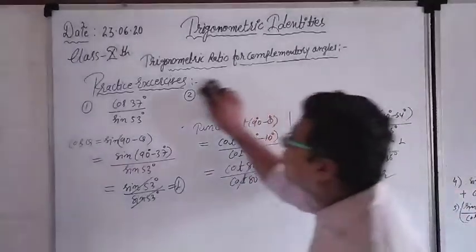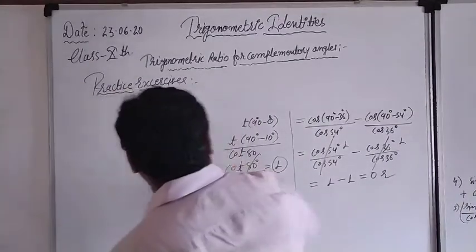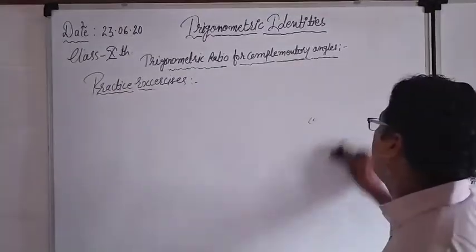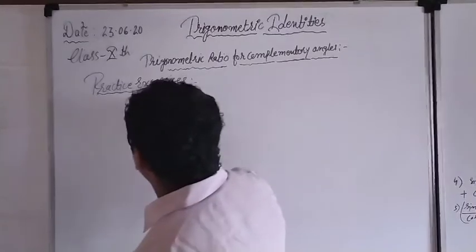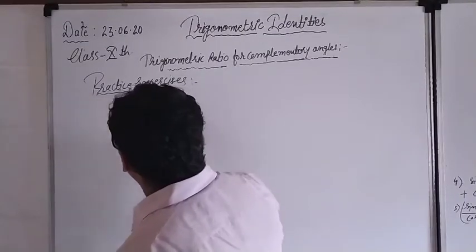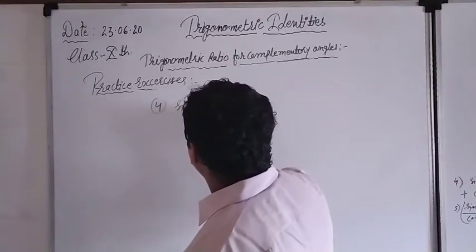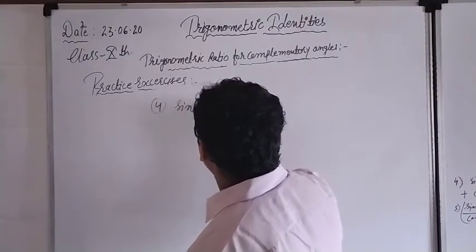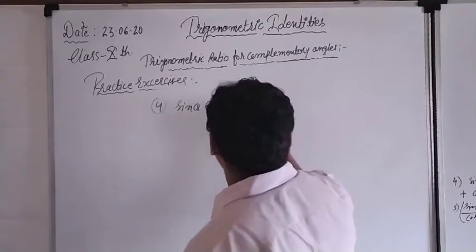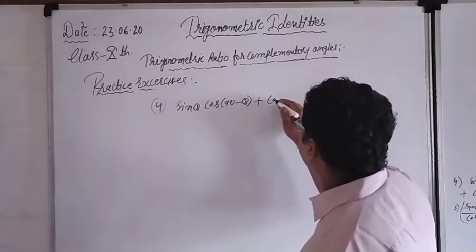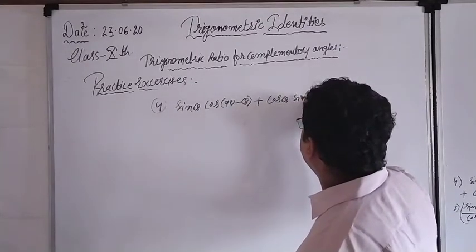I am going to rub the board. Question number 4. Look, concentrate. Question number 4 is sine theta times cos of 90 minus theta, plus cos theta times sine of 90 minus theta.